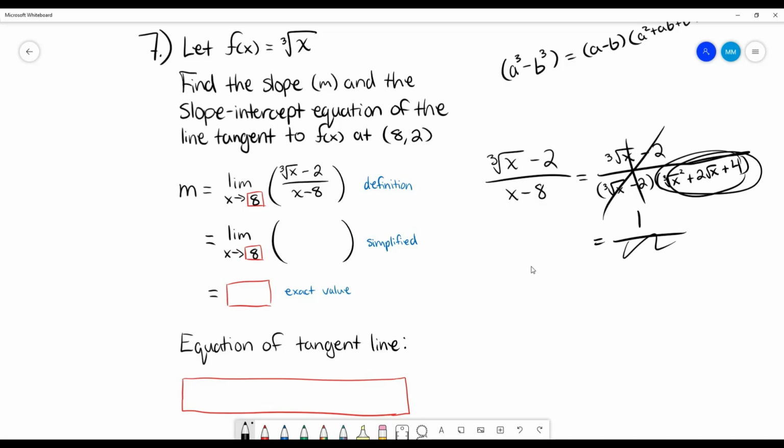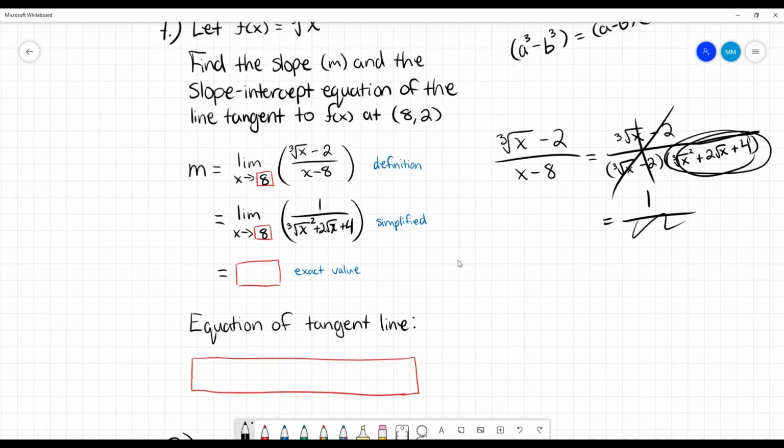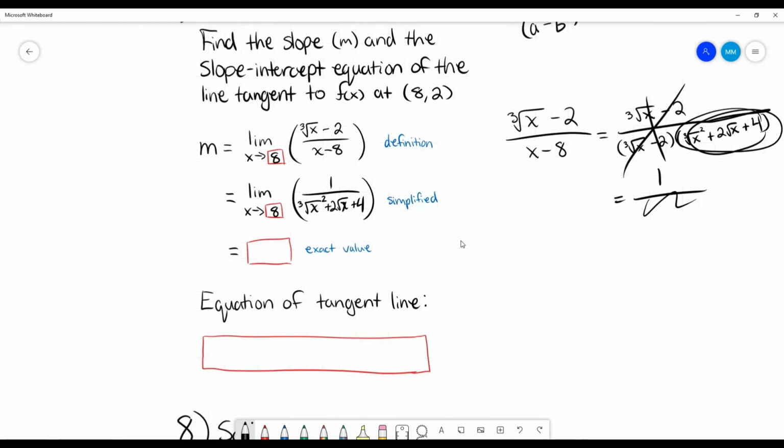So it says x approaches 8. That's going to be the cube root of x squared plus 2 times the cube root of x plus 4. And if we plug in our 8 for that, the cube root of 8 is 2, 2 squared, that should be a 4.